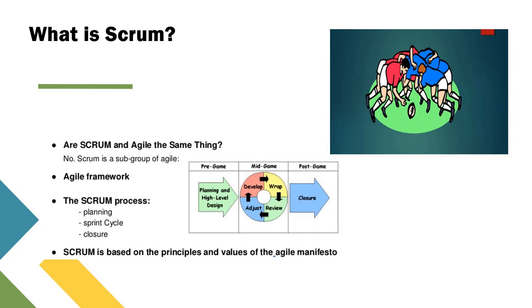Ken Schwaber and Jeff Sutherland developed Scrum, and together they created a few rules for Scrum, and all these rules give the Scrum process. Scrum is a framework within which people can address complex adaptive problems while productively and creatively delivering products at the highest possible value.